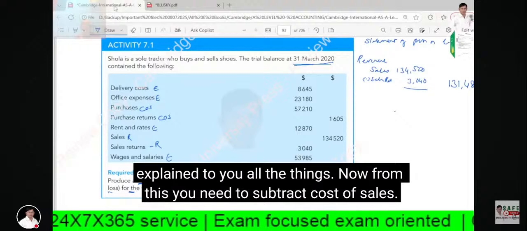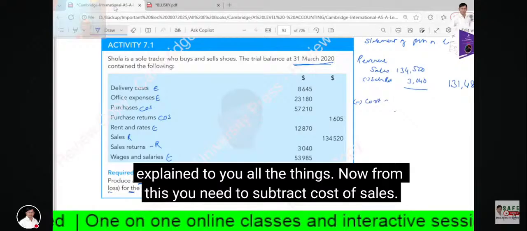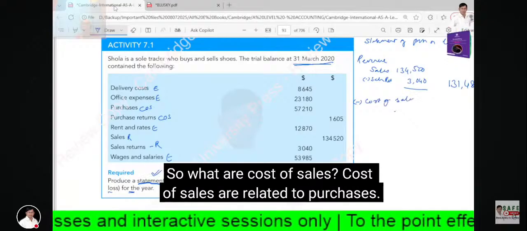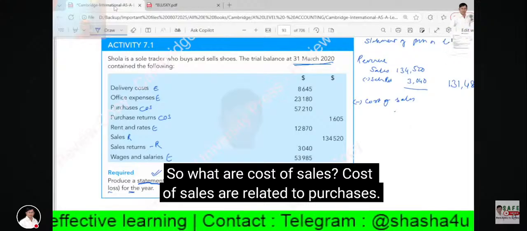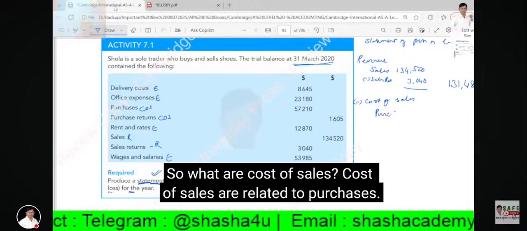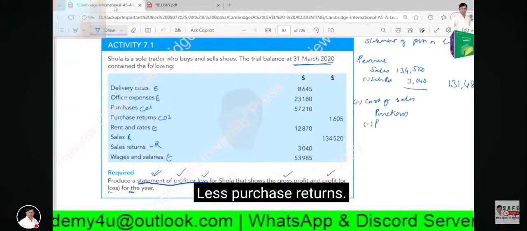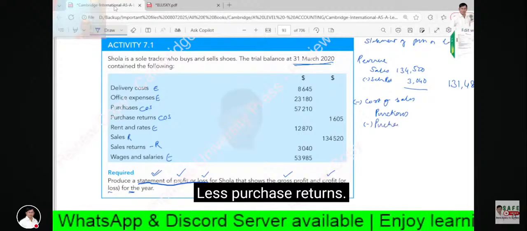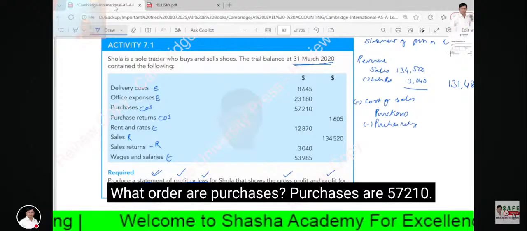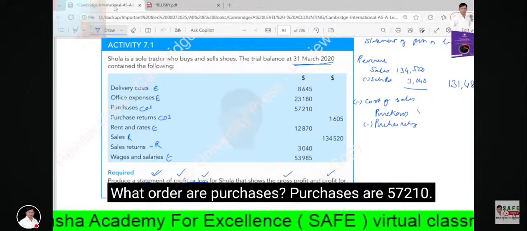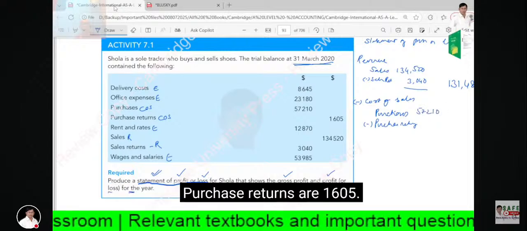Now from this you need to subtract cost of sales. So what are cost of sales? Cost of sales are related to purchases, less purchase returns. What are purchases? Purchases are 57210. Purchase returns are 1605.